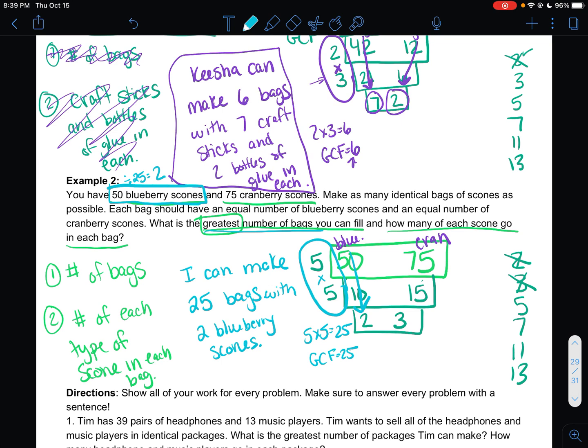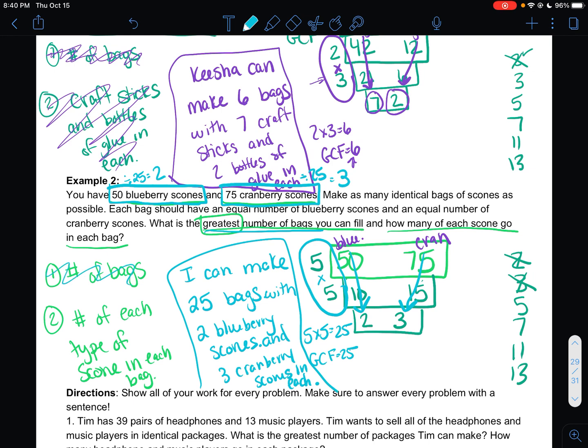And for the cranberry scones, you have 75 cranberry and you're dividing them into 25 bags. So 75 divided by 25 would be 3. And once again, if you did the cake, it's right there in the bottom layer. So with 2 blueberry scones and 3 cranberry scones in each.